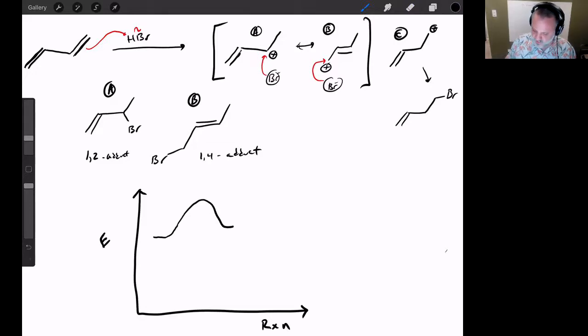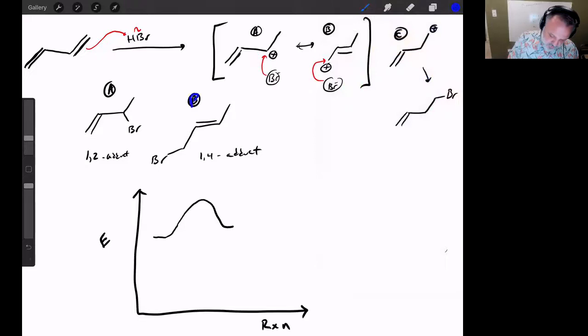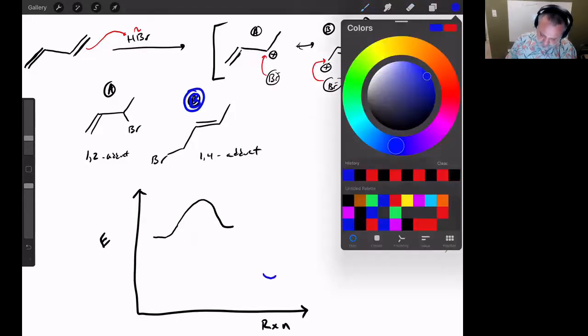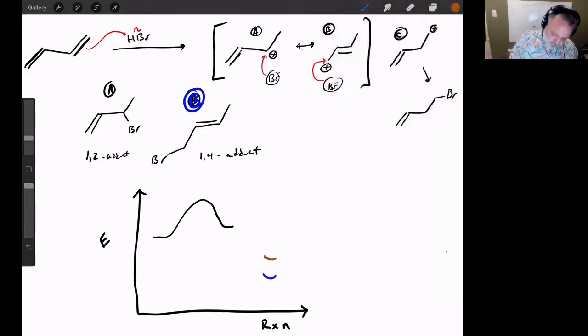We do know that, and I'm going to start to color code things now. We know that B is lower in energy than A. This is what we know. But what else we know from experience is that A forms faster due to the proximity effect.